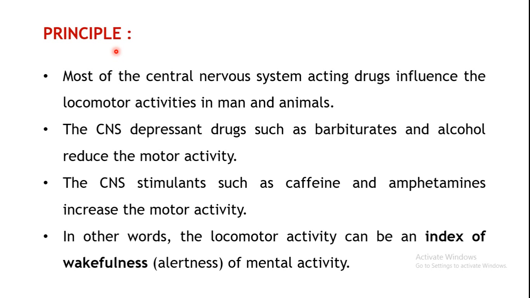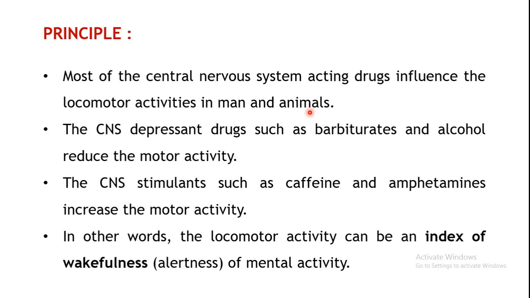Coming to the principle of the experiment, the locomotor activity represents the motion. Most of these central nervous system acting drugs, that is drugs which act on the CNS, influence the locomotor activity both in man as well as in animals.